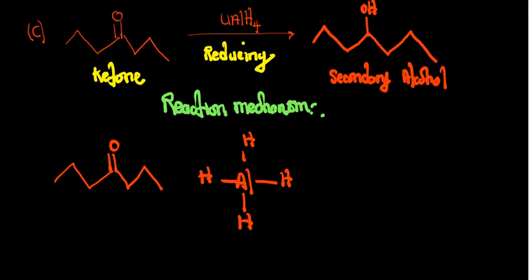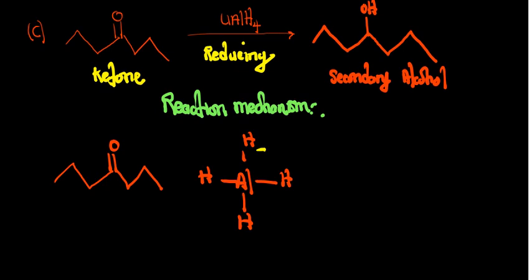Because we have so many hydrogens, four of them, this positivity is empowered. Since the metal is more positive than the hydrogens are, the hydrogens are going to be negatively charged.